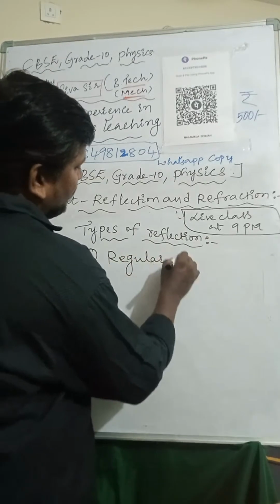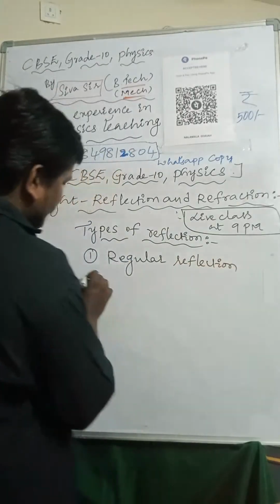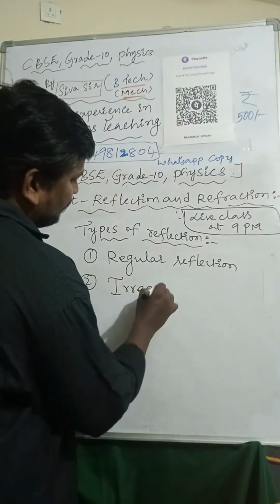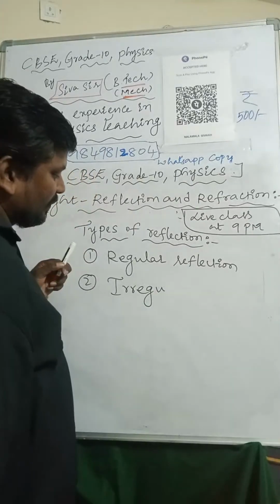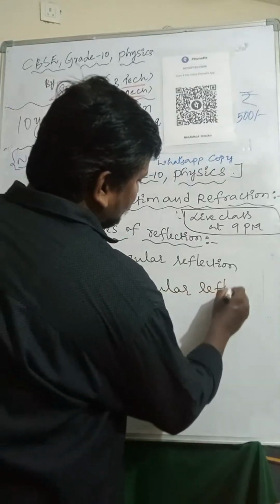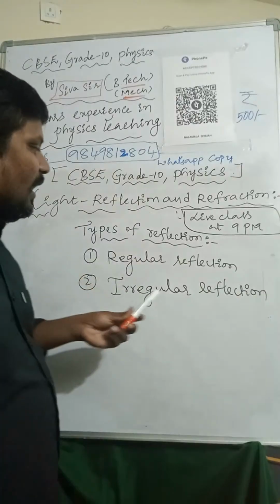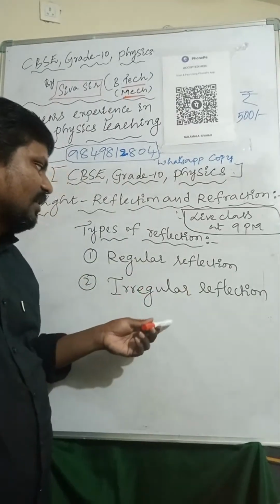The second one is irregular reflection. So what is the meaning of regular reflection and irregular reflection?